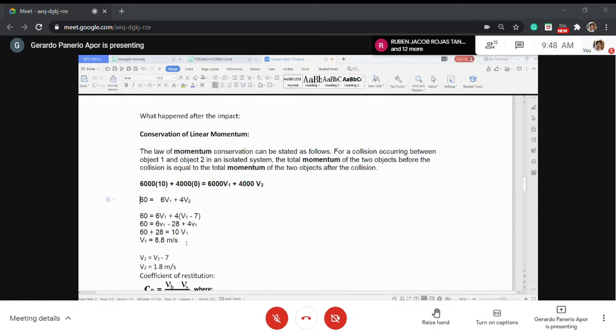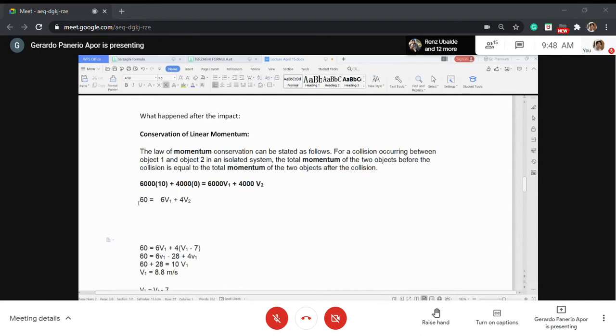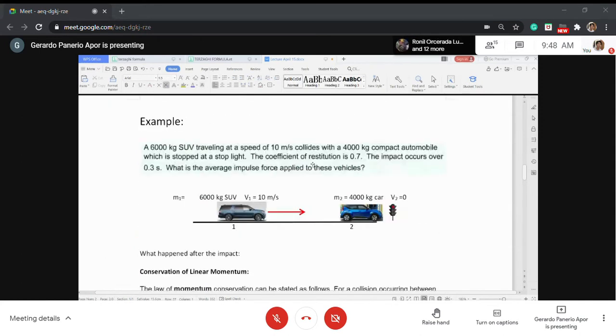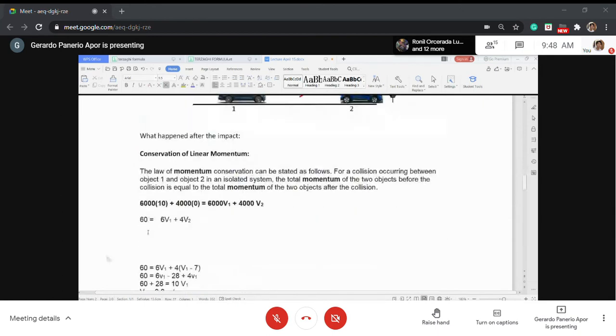Okay. So second, we have another given in the problem: the coefficient of restitution is 0.7. So we write coefficient of restitution, CR equals 0.7, where CR is a subscript.